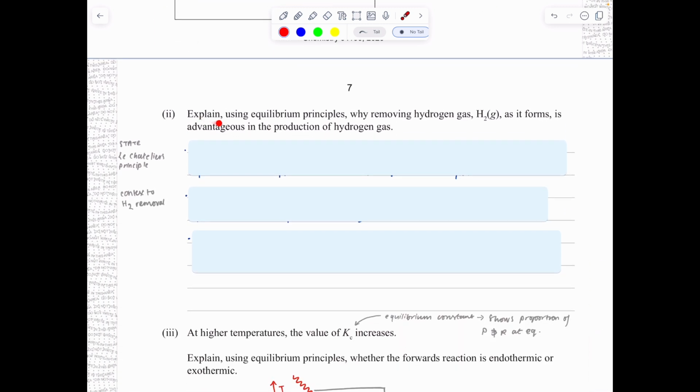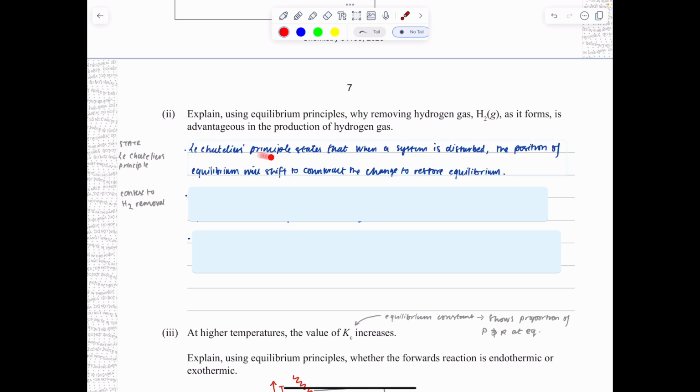Okay, explain using equilibrium principles why removing hydrogen gas as it forms is advantageous in the production of hydrogen gas. So the first thing that we need to do is state Le Chatelier's principle. What is Le Chatelier's principle? Who can remember?